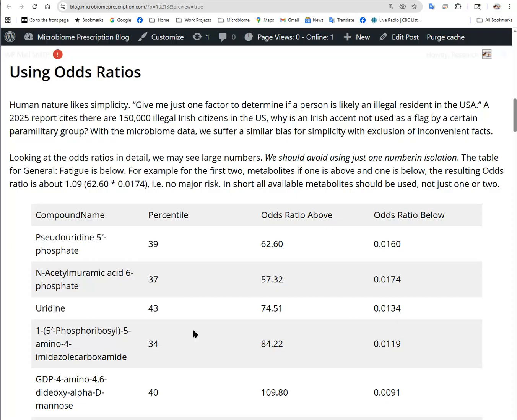You could, but if you look at two of them, suddenly instead of both being high, one is above the percentile and one is below the percentile, and you find that there is no major risk. This is simply a word of caution about trying to be lazy and reduce things to too few metabolites. You can do it, but the odds ratio is a little more unlikely to be accurate, so you get more fuzziness produced in it.